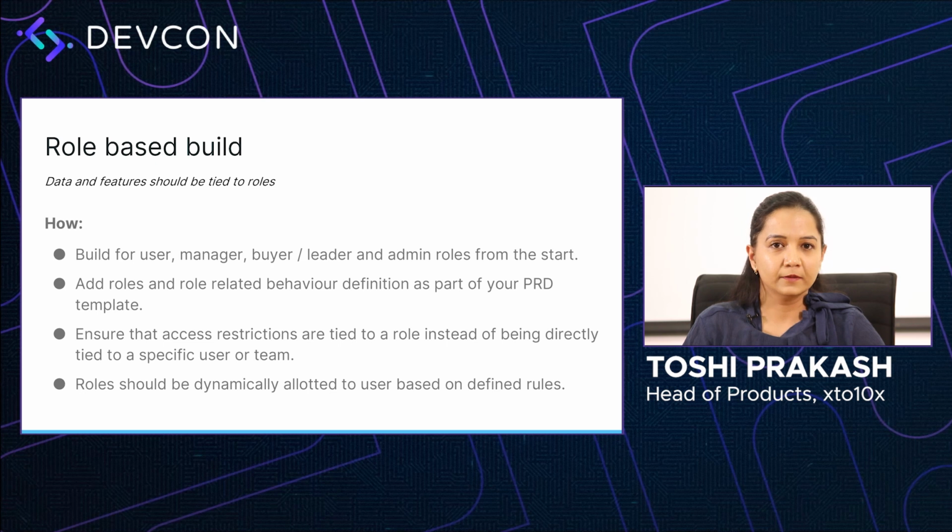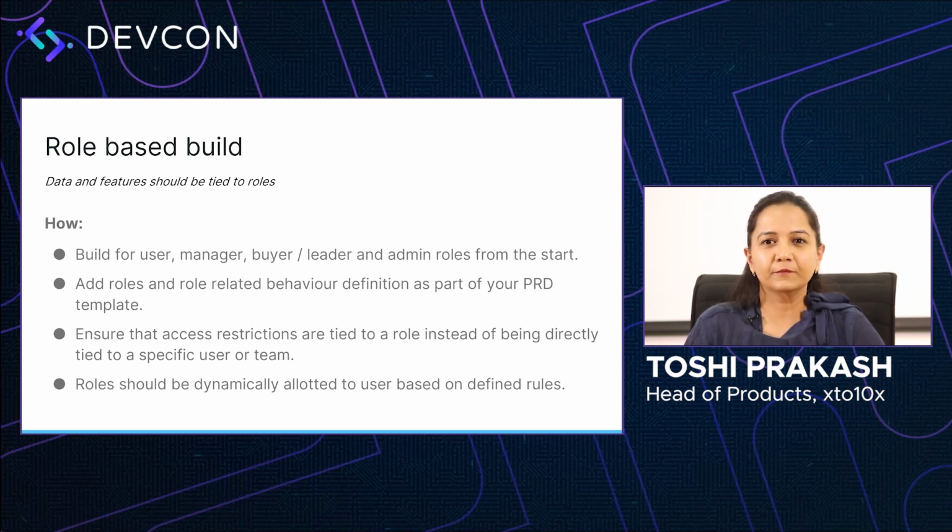It's not the user, it's not a single user ID that gets access to things, it's a role that gets access to things. So start from day one to define the user, the manager, the admin persona as a role in the product from the start. I have seen people tend to do at least the admin persona, but they do it in a not so graceful manner.